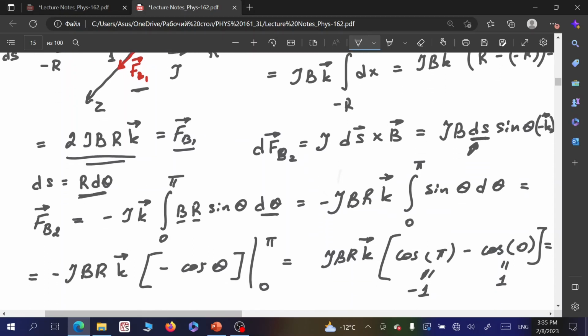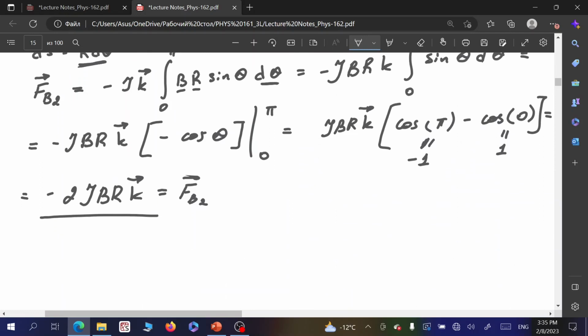So now we can write that the net magnetic force exerted on the loop of electric current placed in external uniform magnetic field will be equal to the sum of these two vectors, FB1 plus FB2, and this will be equal to 0.